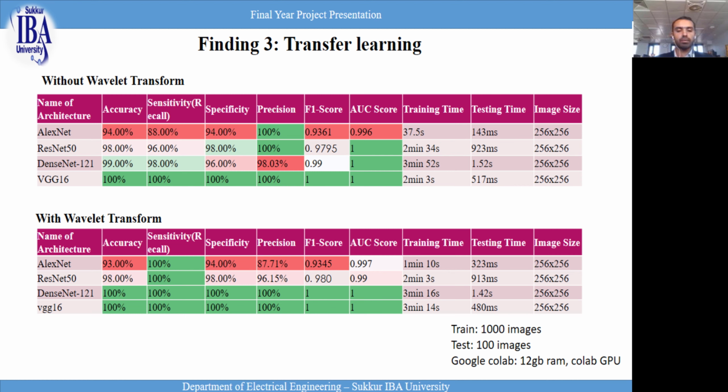We have kept the number of images the same, just for comparison purposes. Here we can see that these 2 models, DenseNet 121 and VGG16, are giving the best accuracies.